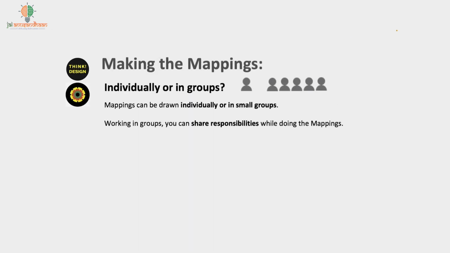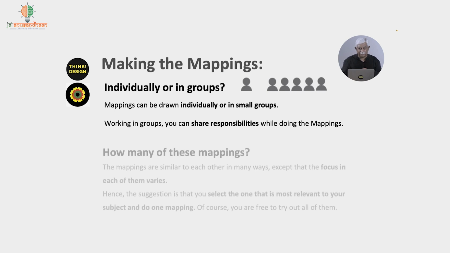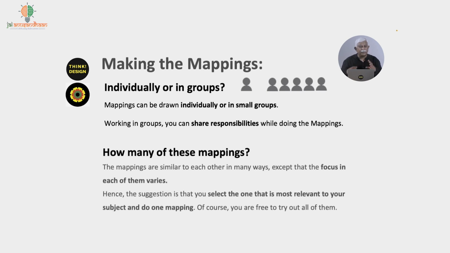Let's look at how we do these mappings. It can be drawn individually or in small groups. We've mentioned this before. Working in small groups, you share responsibilities while doing the mappings. How many of these mappings? I've been saying that it's fine if you can do just one of them. That's the minimum, but if you feel like you can do all of them.